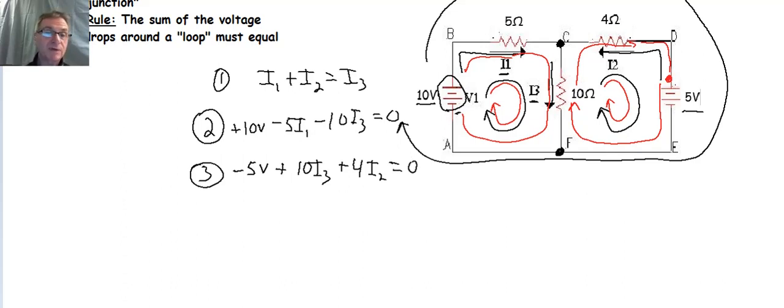I now have 3 equations and I have 3 unknowns. So now we have to try and solve these equations. We're going to do some substitution. Now at this point, you can say, well, I have a fancy calculator, one of the TI calculators, where I can solve simultaneous equations or systems of equations by just plugging them into my calculator and away we go.